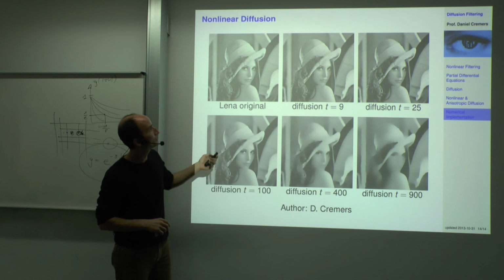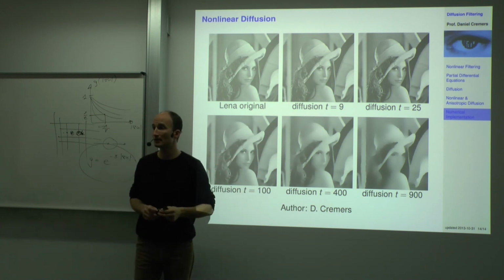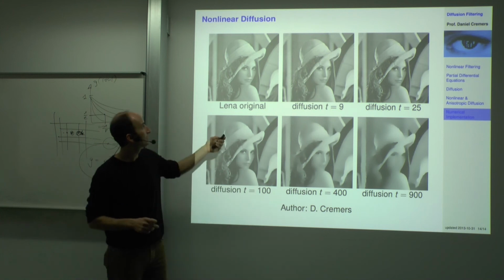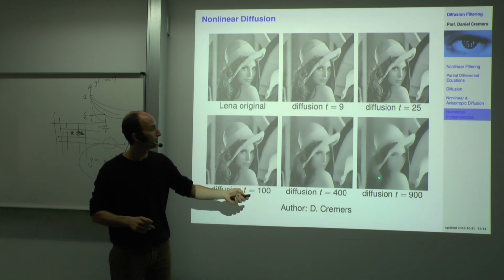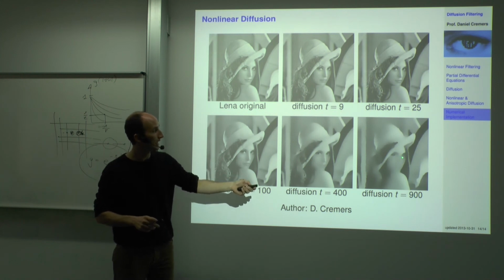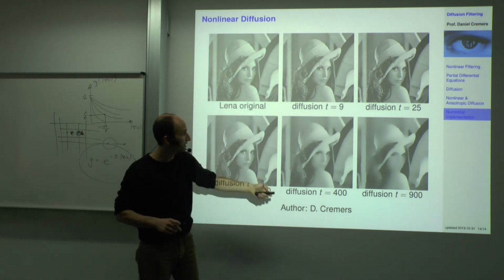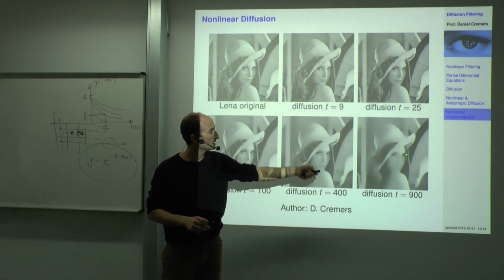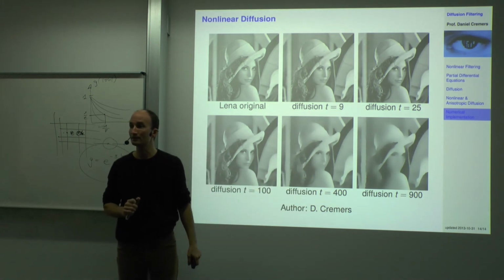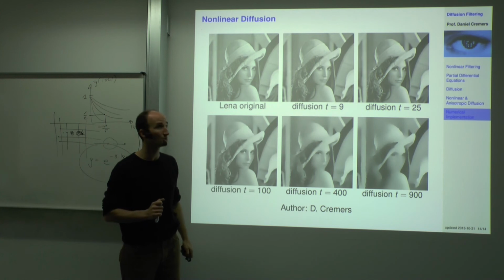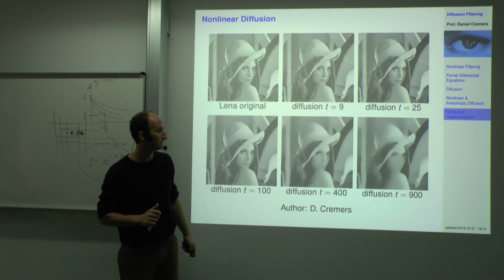And so one of the things you see if you look at that diffusion process, it is very different from the linear diffusion, in the sense that over time things get blurred out, but strong edges will remain. So if you look at the chin area, for example, in the original image and in this denoised version, you have a very sharp edge here. So it's very different from a linear diffusion process in that you preserve these sharp edges.